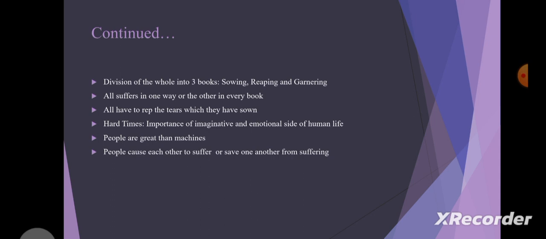We can also say that Dickens has given the idea that people cause each other to suffer or save one another from suffering. Human beings are the main source of suffering for others, and they are the main source to save others from suffering as well. Human lives are interdependent and intertwined, and the intangible values in life are at bottom the most real.